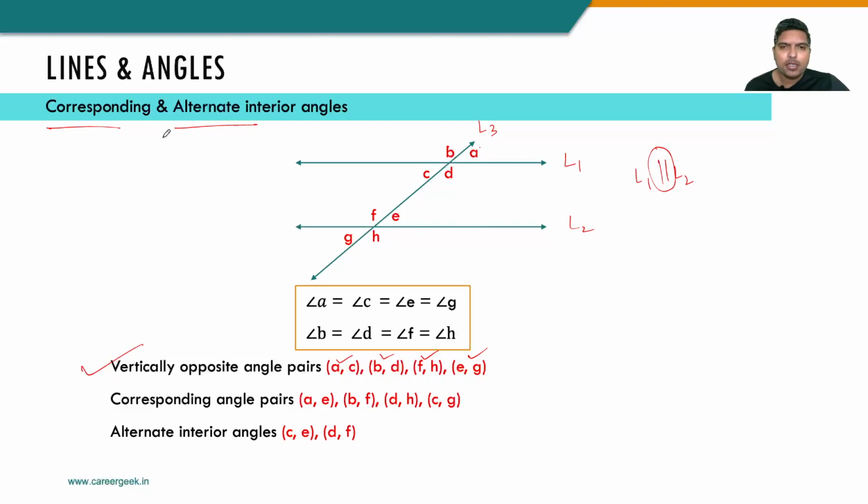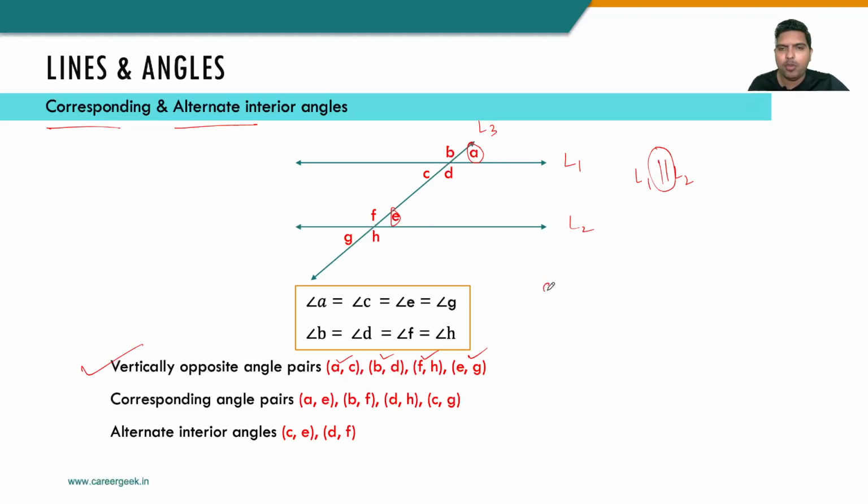Now, what is a corresponding angle? The corresponding angle of A is E. If you see, they are on similar sides. Okay, corresponding.